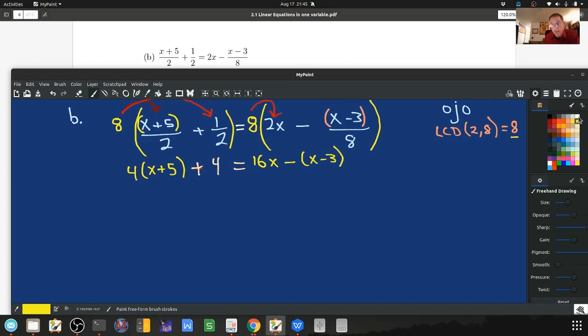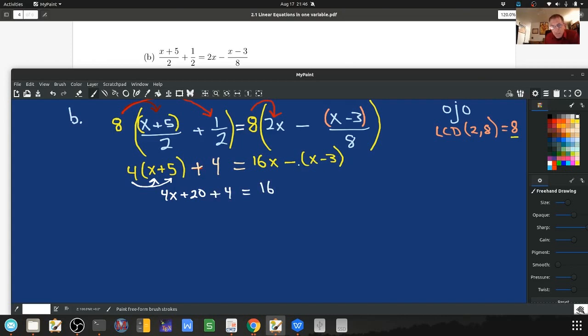So we've got to do another step in our simplification. We're going to use distribution again. 4 times x is 4x. 4 times 5 is 20. I can't forget my 4. And this is 16x minus (x - 3).